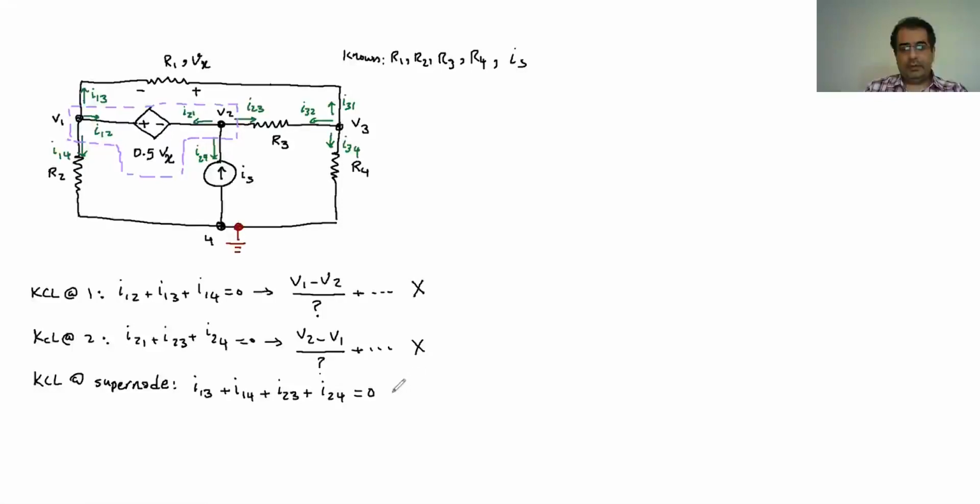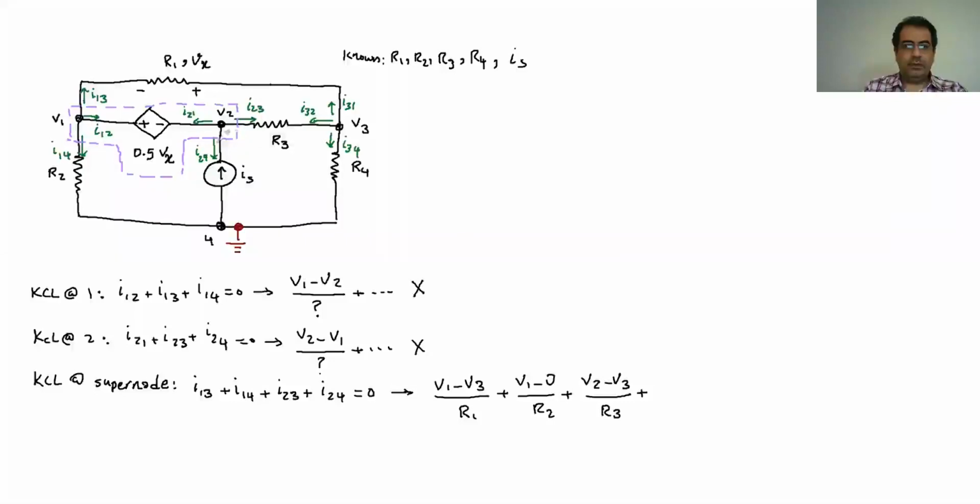And then I can write the equation for this one. I1 toward 3 is going to be V1 minus V3 divided by R1, plus I goes from 1 to 4, which is going to be V1 minus 0 divided by R2. Then I goes from 2 to 3, which is going to be V2 minus V3 divided by R3.